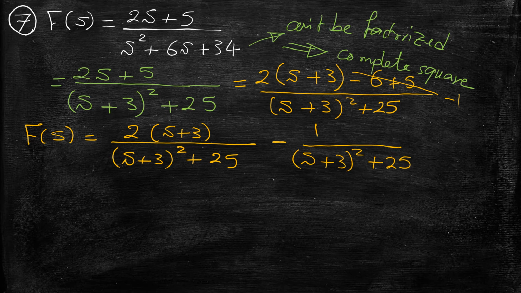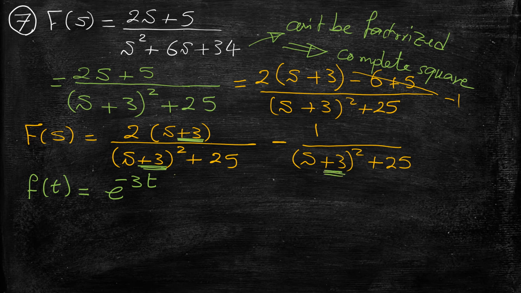And from this one, we know this one is a cosine and this one is sine. But we have this s + 3 term, which is related to the shifting due to the exponential e^(-3t). So let's return back to this f(t). It will be e^(-3t) due to the existence of this plus 3 term.